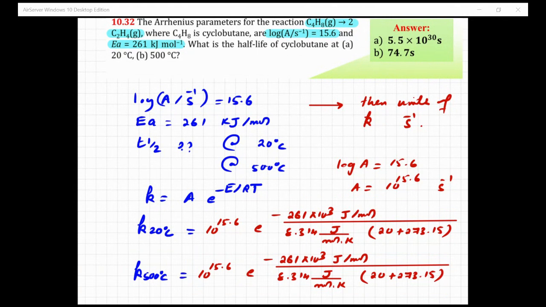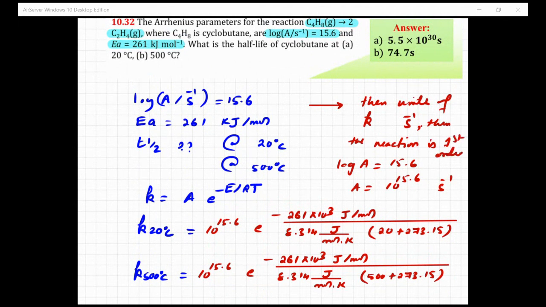So that should be now 500, right? It should be 500. Since we know second inverse, then the reaction is first order.